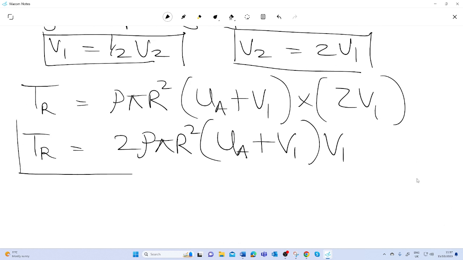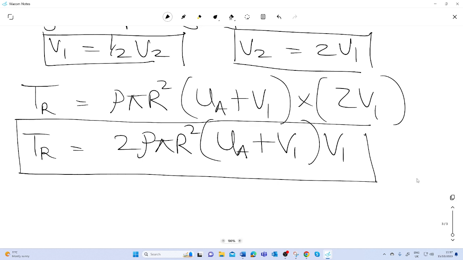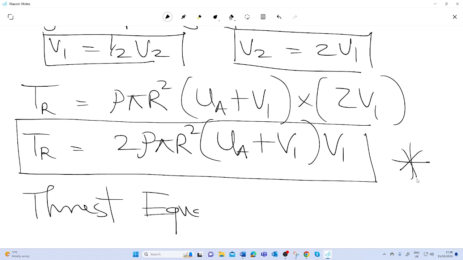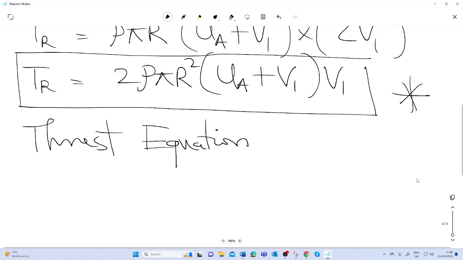And this becomes the major thrust equation for the rotor dynamics momentum equation.